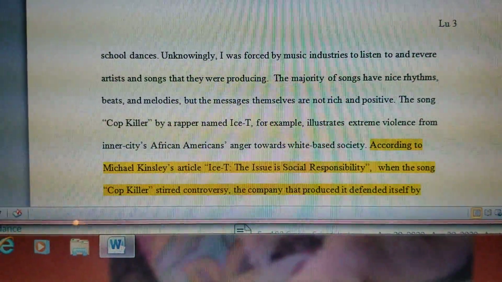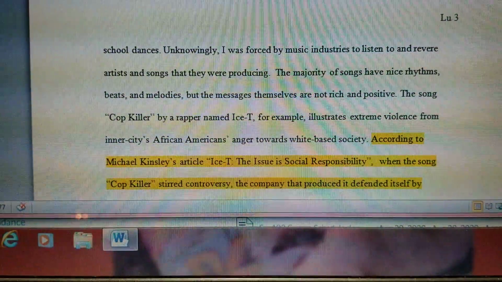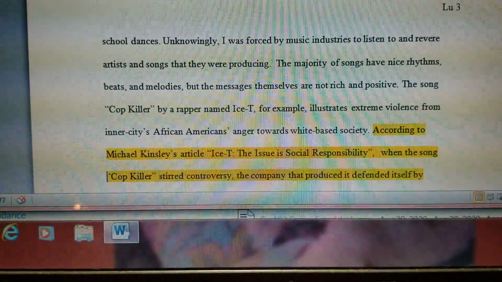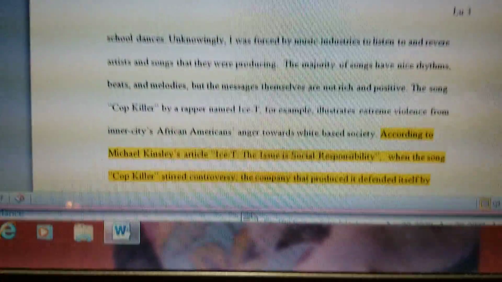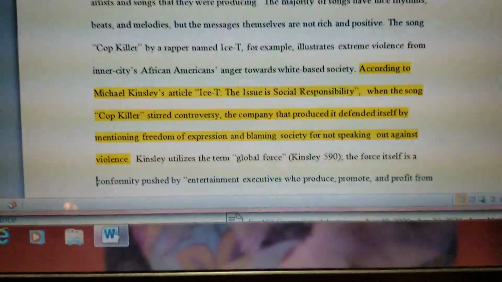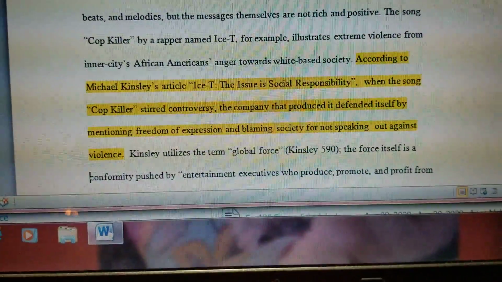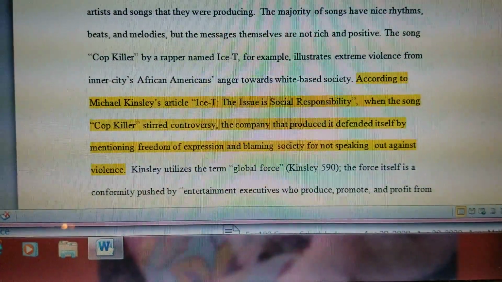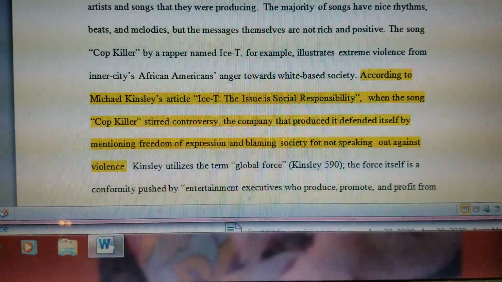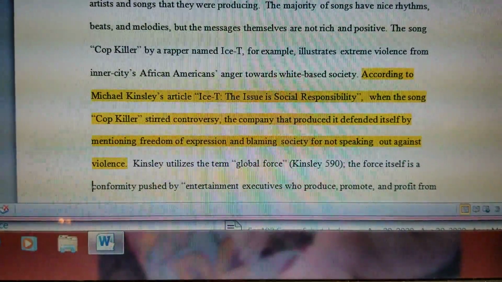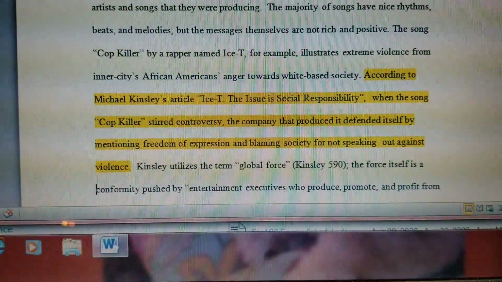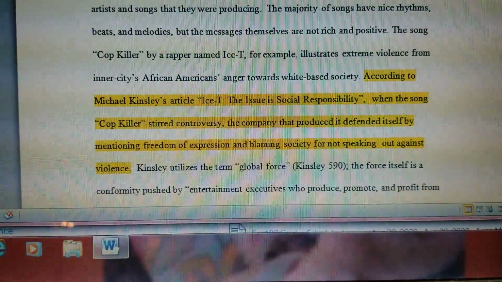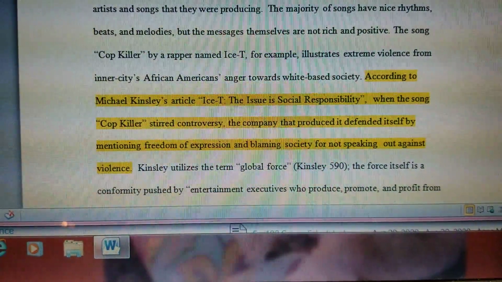The song Cop Killer by a rapper named Ice-T, for example, illustrates extreme violence from inner city's African American anger toward white-based society. According to Michael Kinsley's article, Ice-T, the issue is social responsibility. When the song Cop Killer stirred controversy, the company that produced it defended itself by mentioning freedom of expression and blaming society for not speaking out against violence.